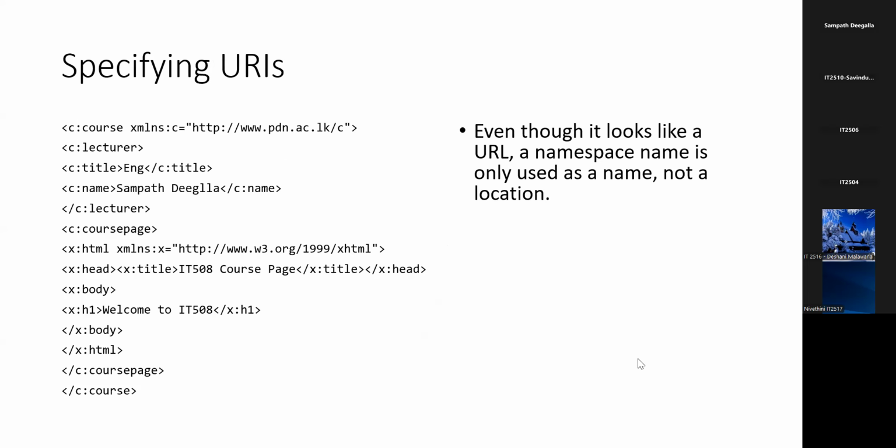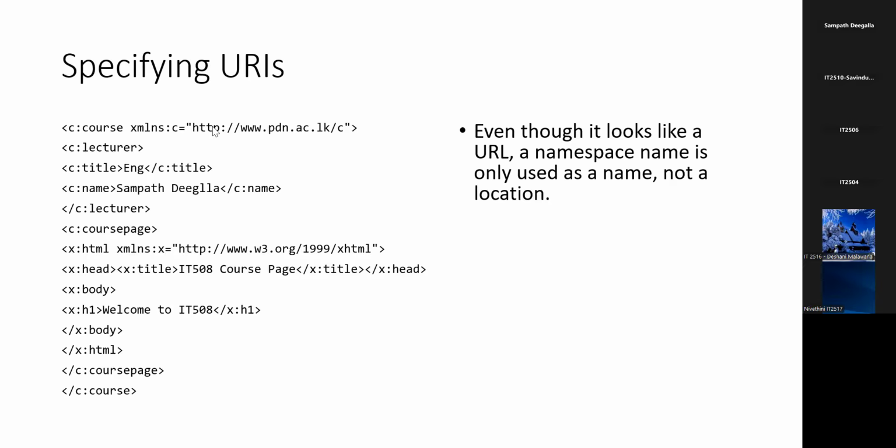Right. Now let's look at how it is defined. In this particular example, we have used URIs to separate out these two vocabularies, right? Especially in this case, we are defining the XML namespace. You can see here xmlns:c, for which we have put up a URL. It's a name, not a location.